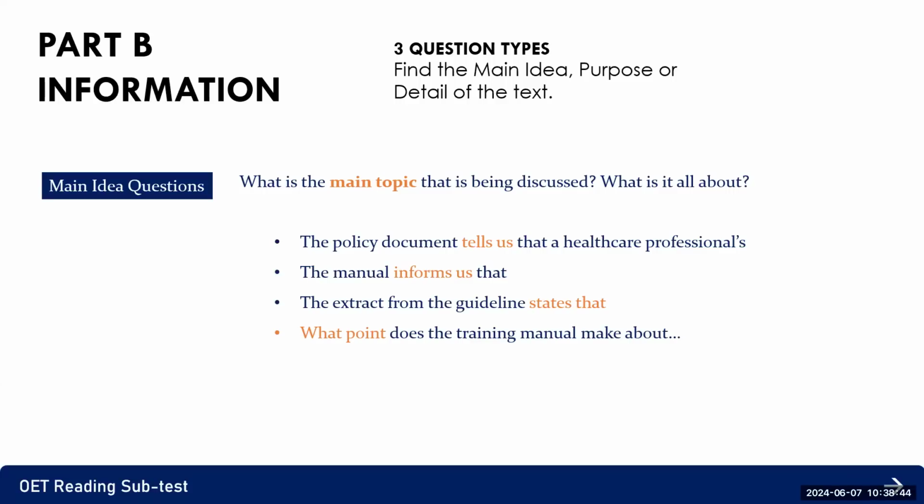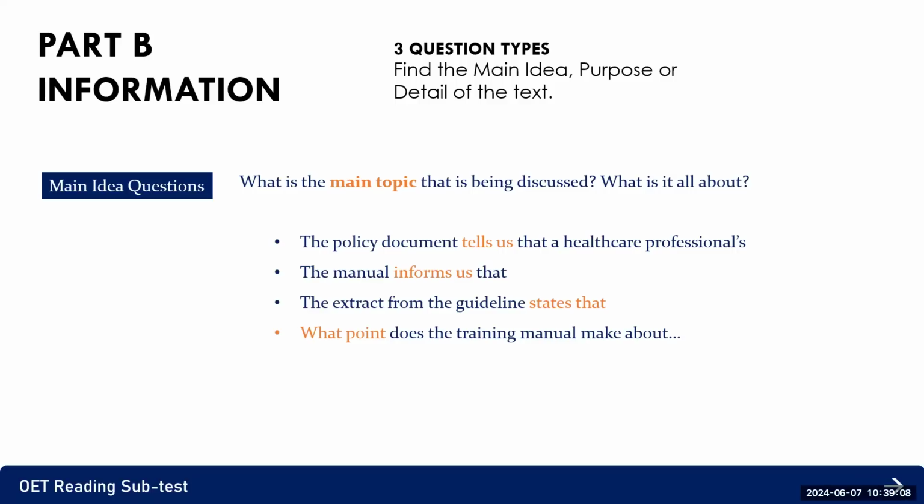The questions you may encounter could include: the policy document tells us that the healthcare professionals, the manual informs us that, the extract from the guidelines states that, what point does a training manual make about?